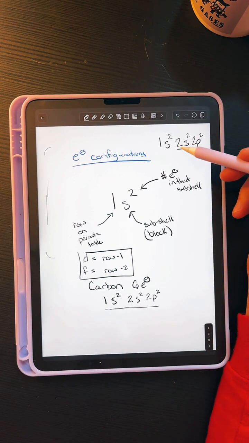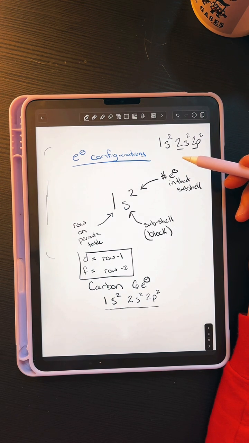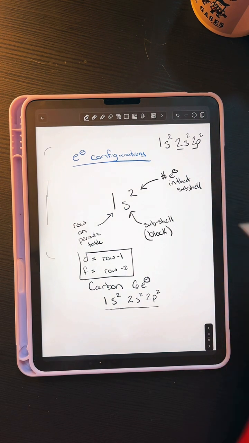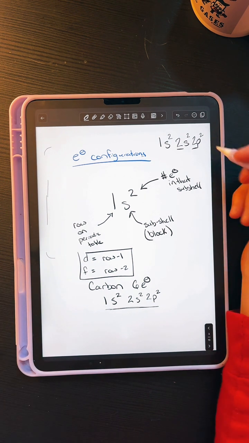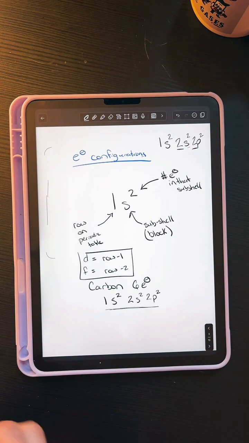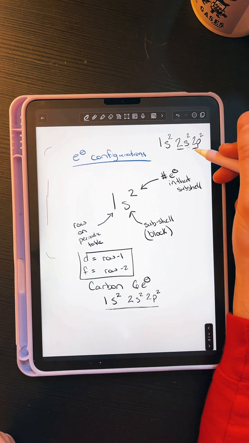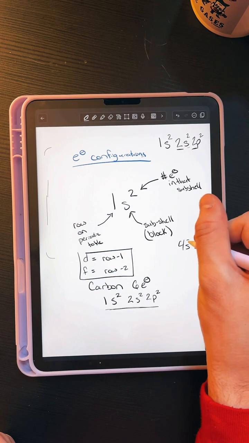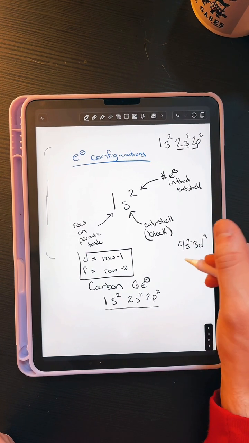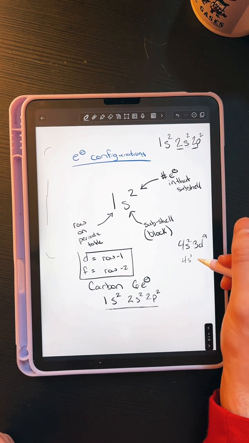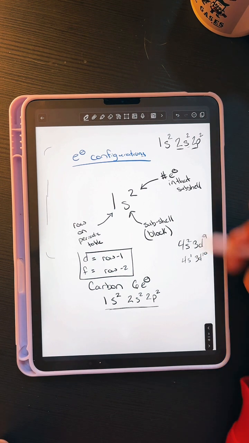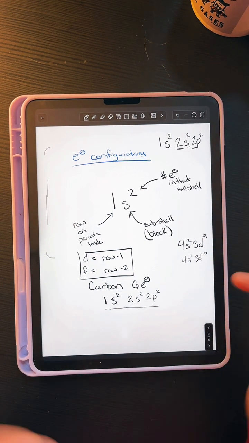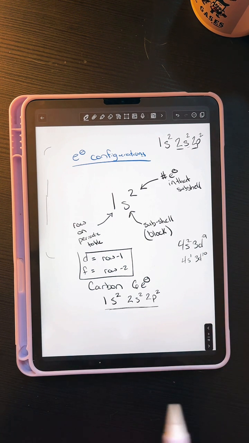So if you have subshells 4S, 4D, and 4P, you would lose from the 4P first, just based on the numbers out in front. Typically, you'll be asked that with a 4S and 3D. If it was 4S2, 3D9, this would actually be 4S1, 3D10. There's some weird electronics here, but we'll go into that later.